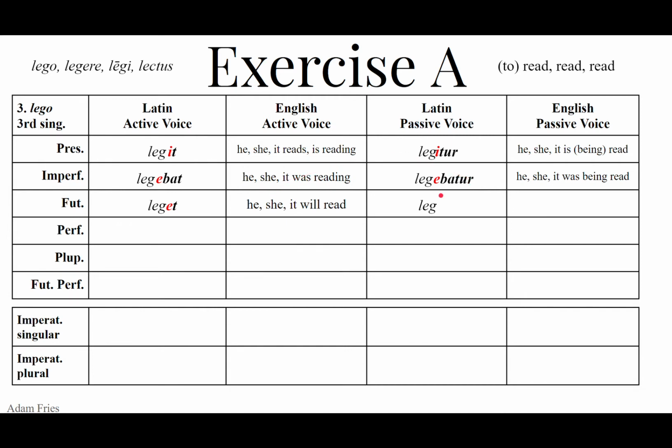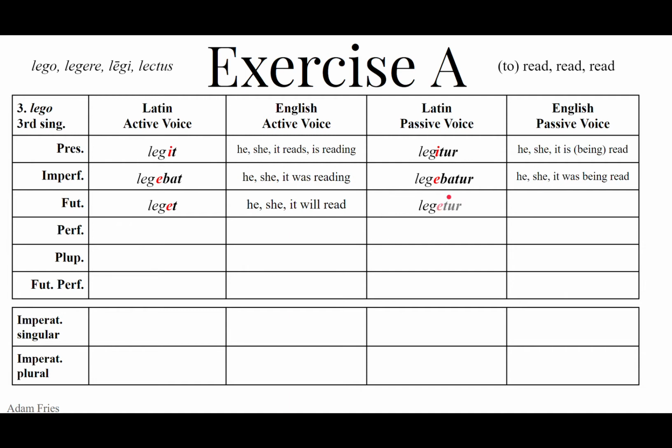The passive future does not use bor, beris, bitur, bimur, bimini, buntur. Those are the future endings of the passive voice for the first and second conjugations only. The third conjugation uses the passive future endings ar, and then eris, long e, r-i-s, etur, emur, emini, entur.